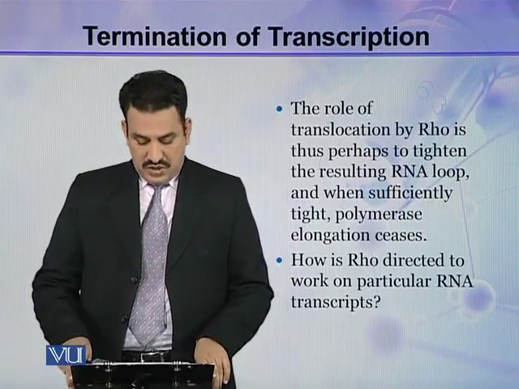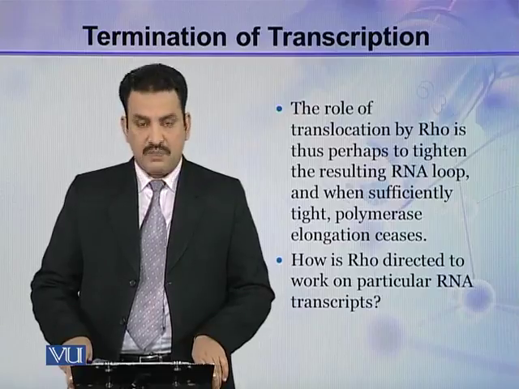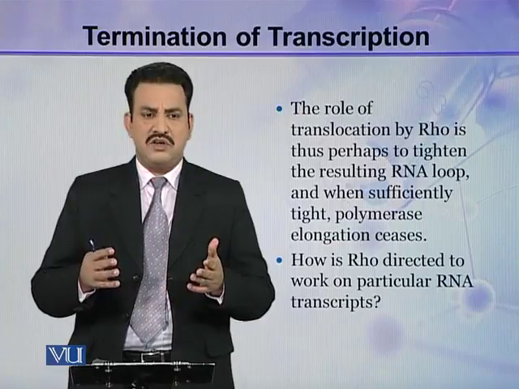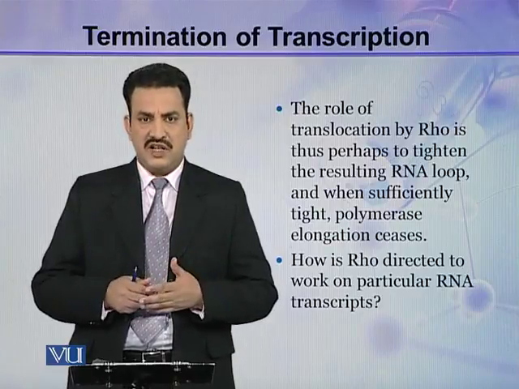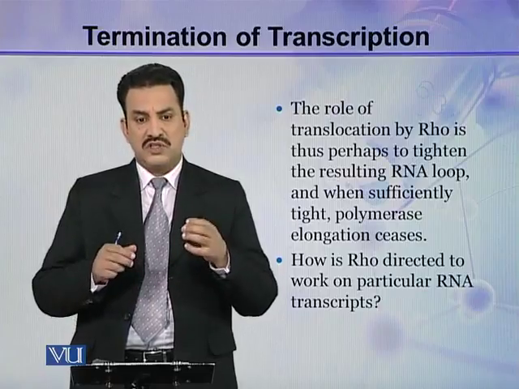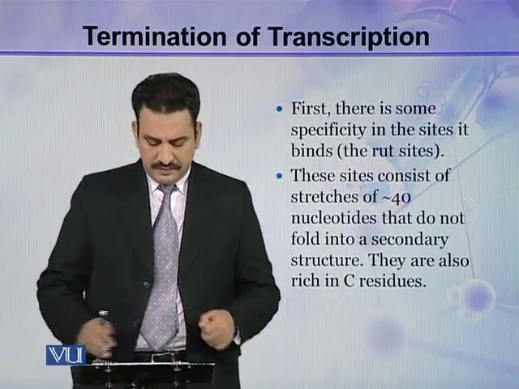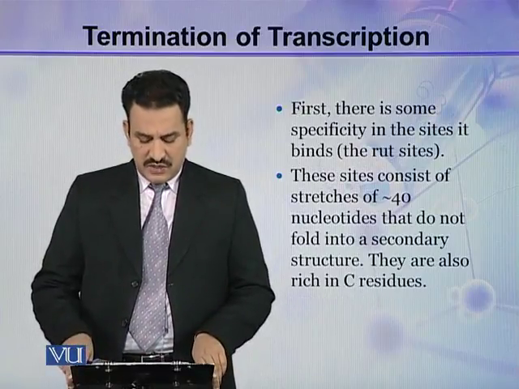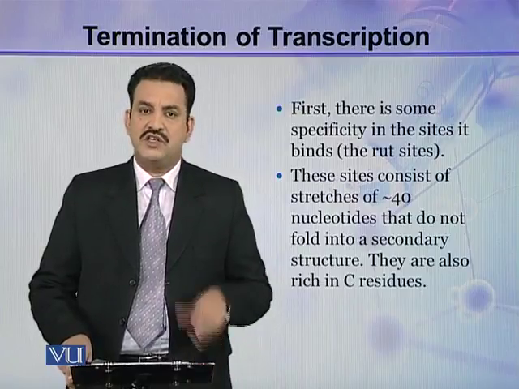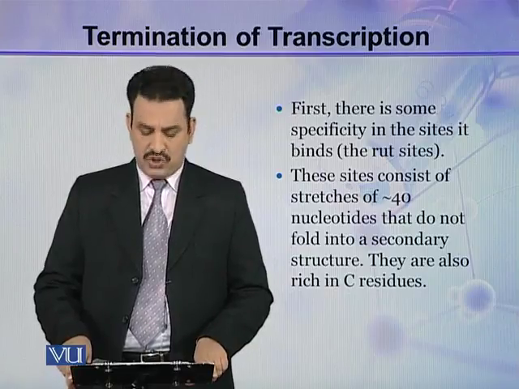Then how is Rho directed to work on a particular RNA transcript? Because there are many RNAs present in the cell, how will this Rho only work on a particular or specific RNA transcript? First, there is some specificity in the sites it binds, that is the rut sites. They are specific for the binding of Rho.